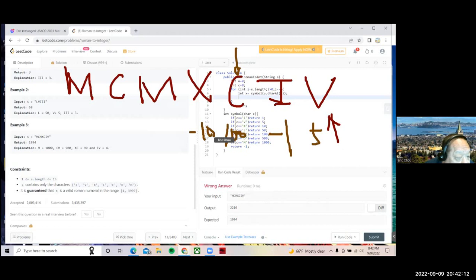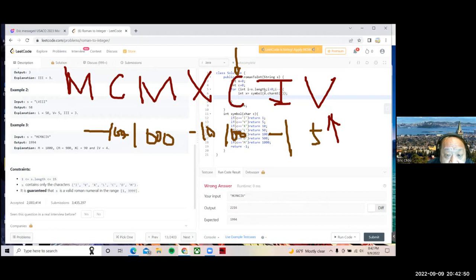This one you have an M. M is 1,000. And then you have a C that's minus 100. Wait, why is there another M? I'm not sure why this M is there, but that's MCMX, whatever.